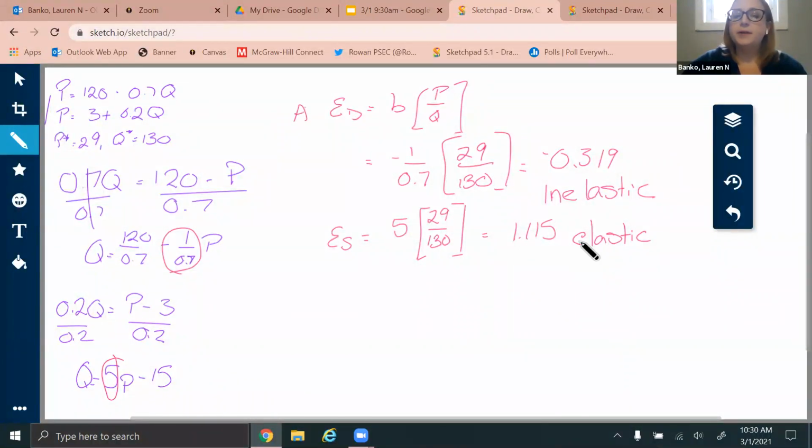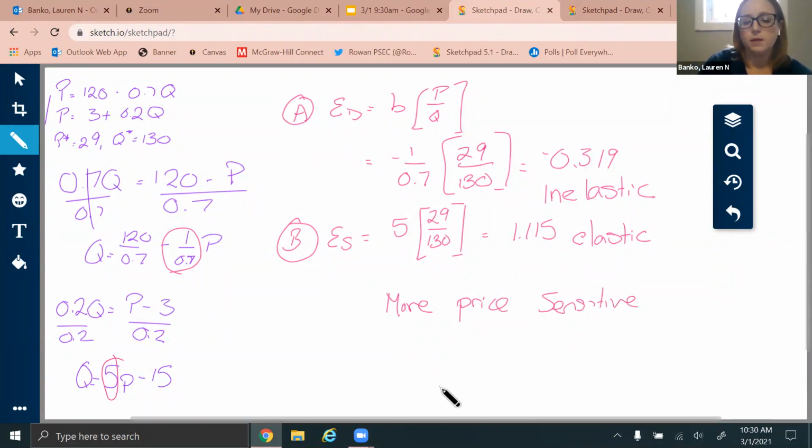If you think the buyers are more price sensitive, you'll put answer A. And if you think the sellers are more price sensitive, you'll put B. So more price sensitive is the question. And for this, just ignore C and D. So you only have an A or a B here.